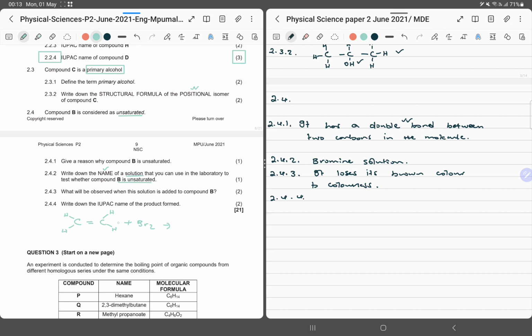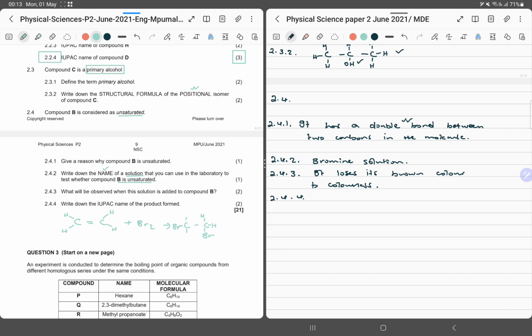So what do we end up with? Technically, the bromines will just add on either side. So it's going to be CH2Br-CH2Br.